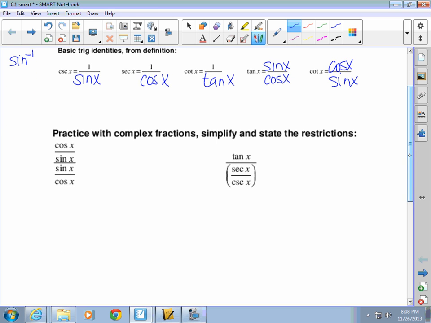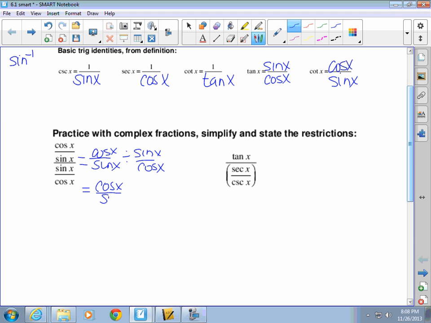It says practice with complex fractions, simplify and state the restrictions. So I have cos x over sine x divided by sine x over cos x. To simplify, when we're dividing with fractions, that means we have to multiply by the reciprocal.